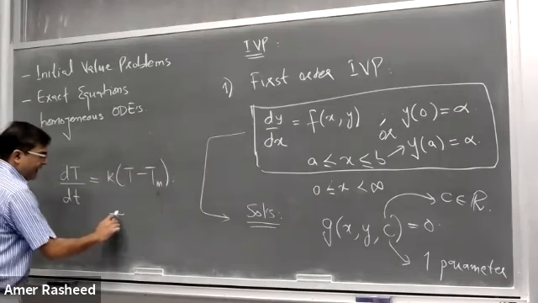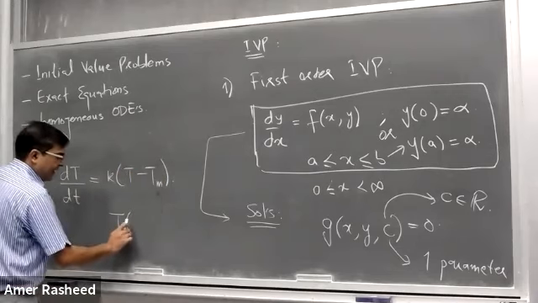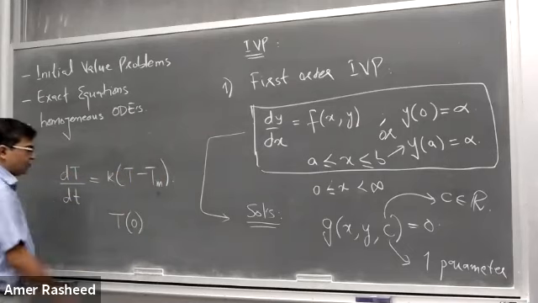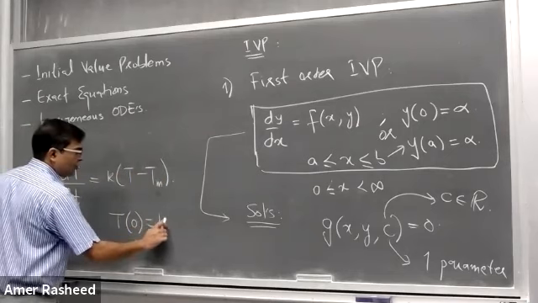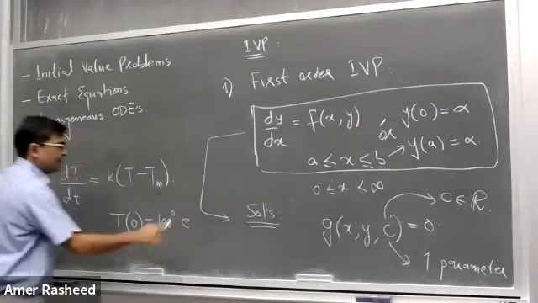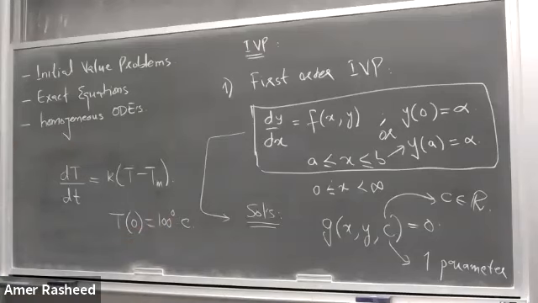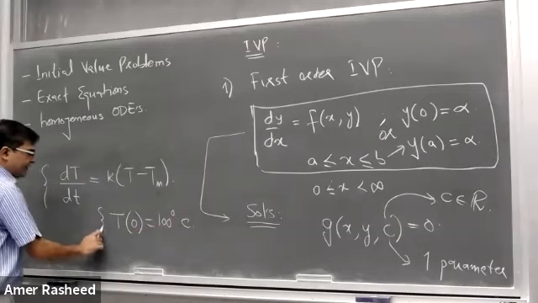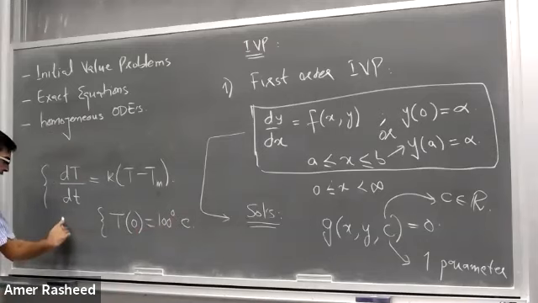We also define another condition, that at t equal to 0, at the initial time, the temperature of the coffee is 100 degrees, maybe Celsius or Fahrenheit. This equation along with this condition, which is called the initial condition.